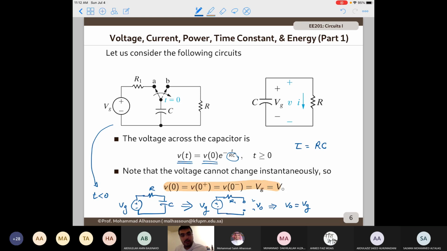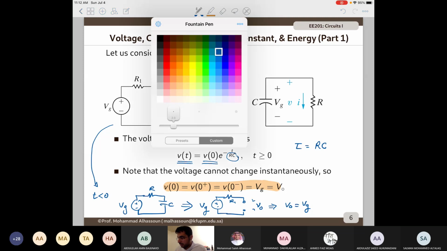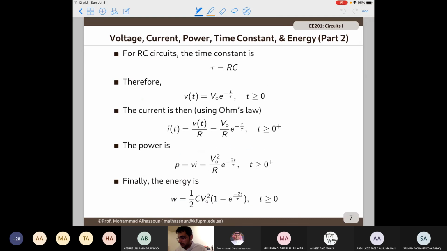So now, if you know the voltage across the capacitor, can you find the current? Yes, I equals C dV by dt. So this is important, the time constant. And if we write it with the time constant, then we have this equation.